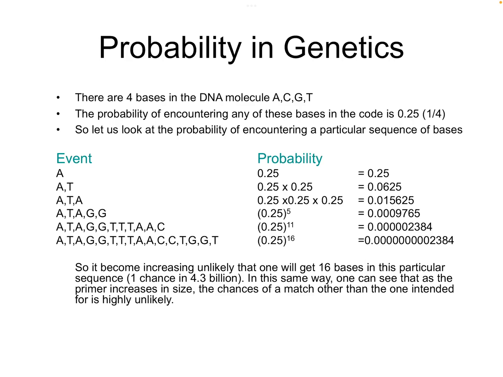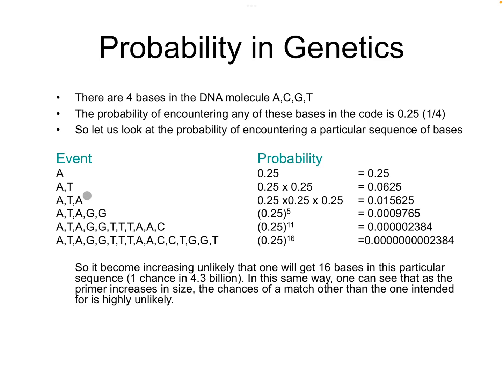So the probability here: there are 4 bases in the DNA molecules, A, C, G, T. The probability of encountering any of these bases in the code is 0.25, so 1 in 4. Let us look at this probability. For A alone, one molecule, we can have 0.25 or 25% chance.